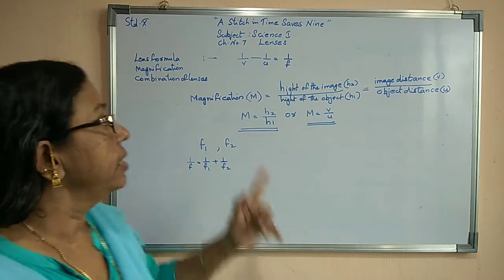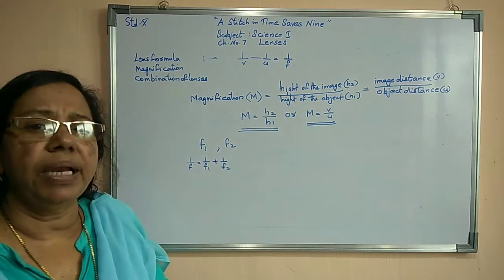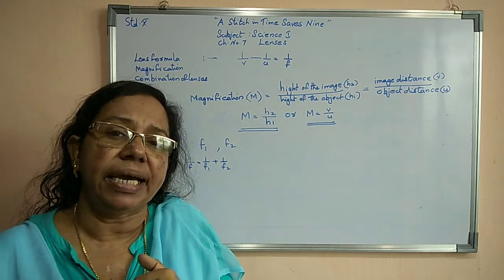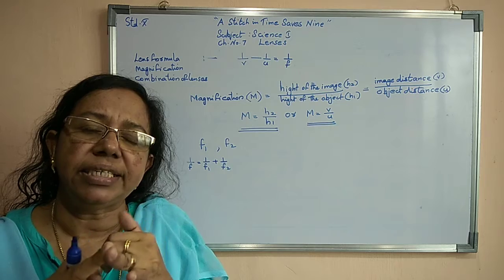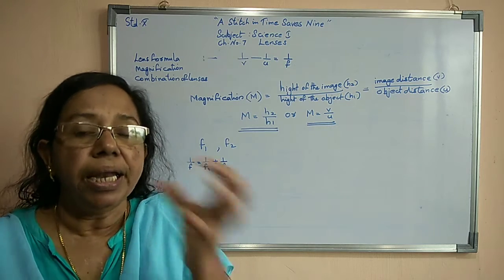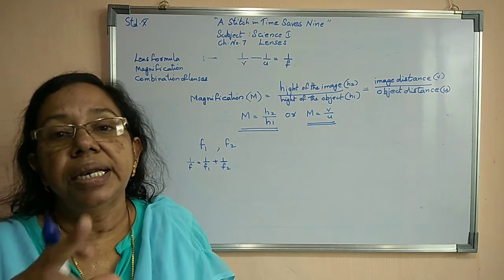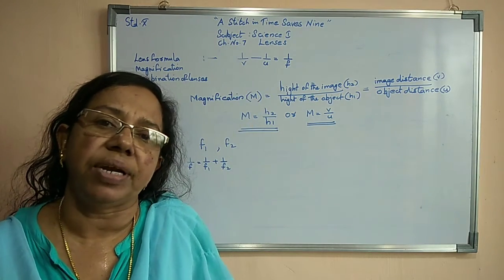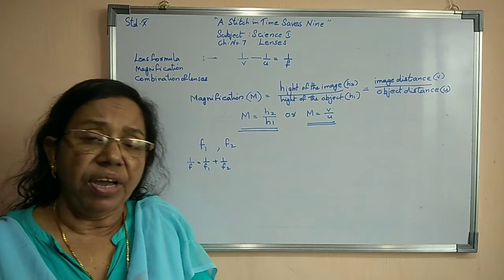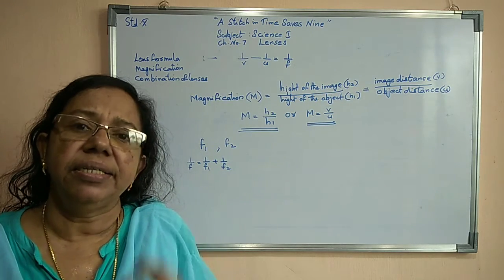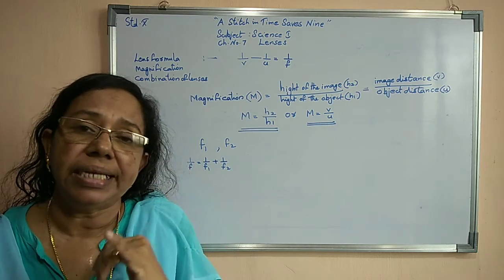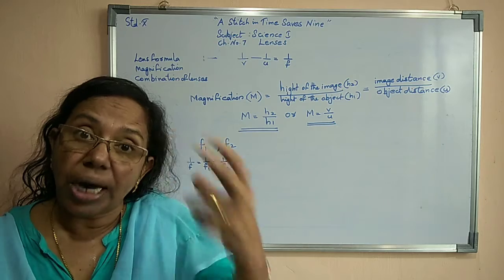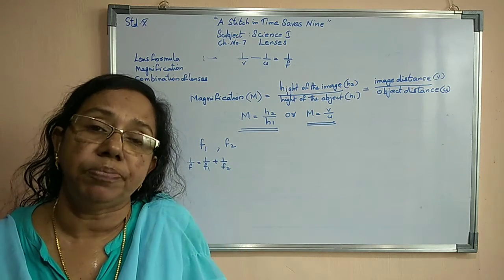Now a quick revision. First one, lens formula. Keep in mind object distance, image distance and focal length. The lens formula is 1 upon v minus 1 upon u is equal to 1 upon f. When we are thinking of magnification, keep in mind the height of the image and the height of the object.